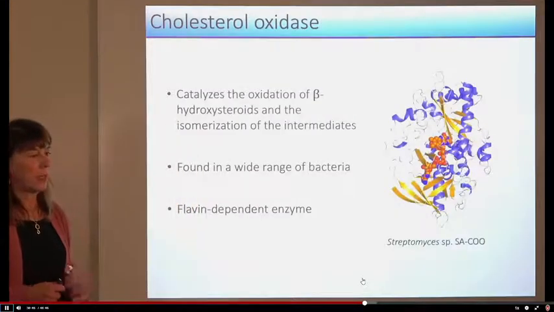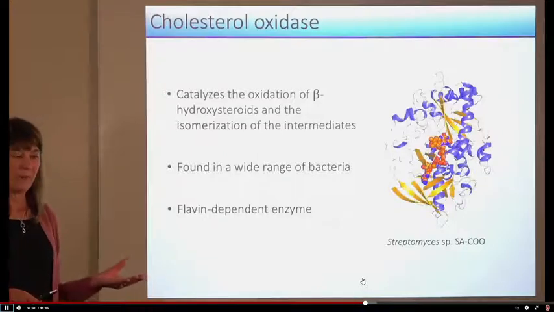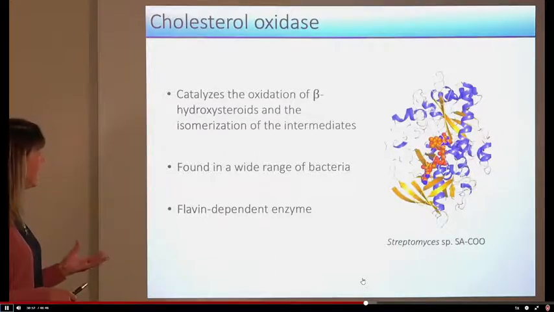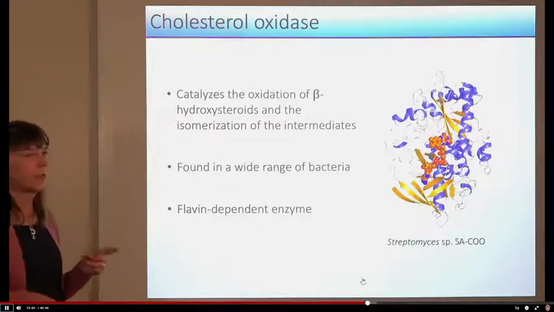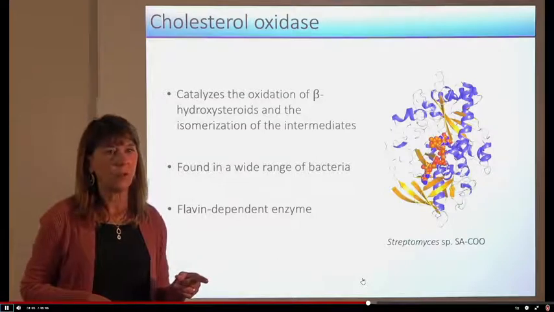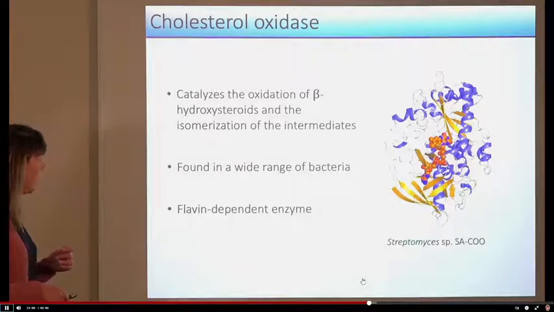So I thought I'd give you an example of one that's medically relevant, cholesterol oxidase. So what does this do? Well, this enzyme catalyzes the oxidation of beta-hydroxysteroids and the isomerization of the intermediates. Pretty interesting enzymes. The structures have been done to very high resolution by Alice Vrielink, who is a friend of mine and a professor in Australia.